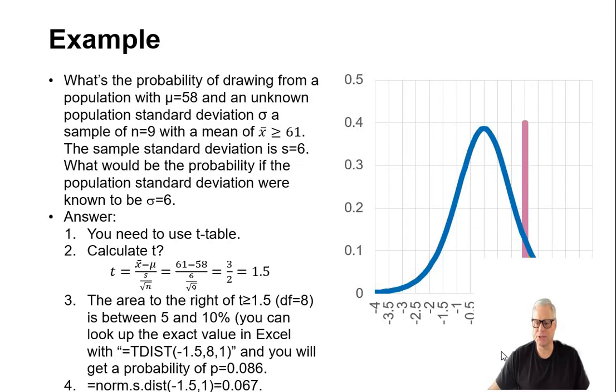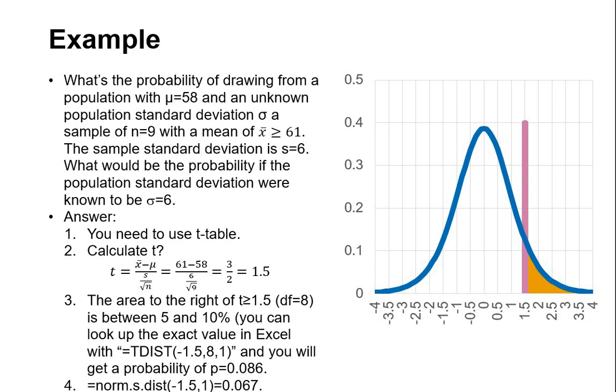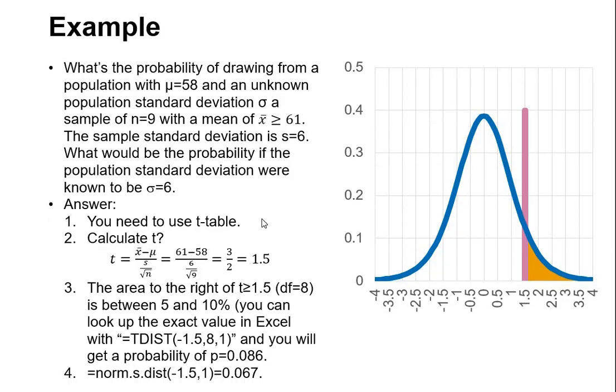Let's do a little example of working with a t-score. And we want to know what's the probability of drawing from a population with mean 58, but an unknown population standard deviation sigma, a sample of n equals 9, with a mean of 61.